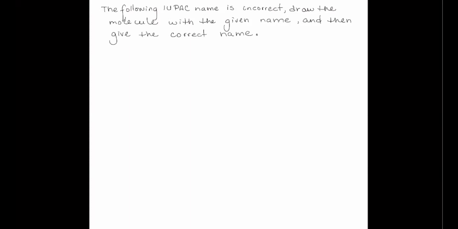Let's say that you have the following molecule: 5-methyl-4-hexene. Okay, so given this name, I'm going to write 6 carbons in a row, because I have a hexene.